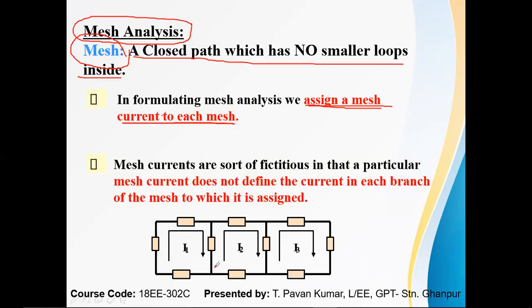So if I take this as the first mesh, second mesh and third mesh, I assign the mesh currents I1, I2 and I3. Finally we need to find the current. That's it. That is our final motto for using any technique.